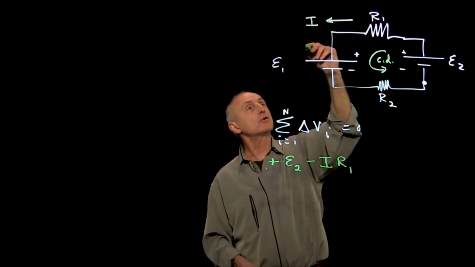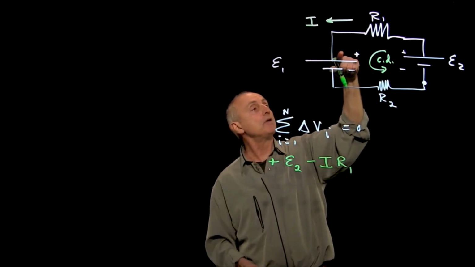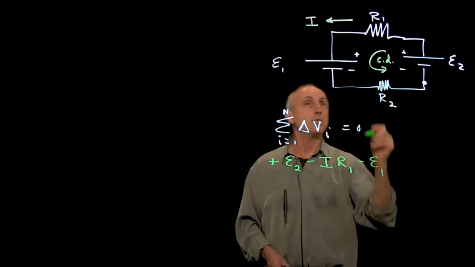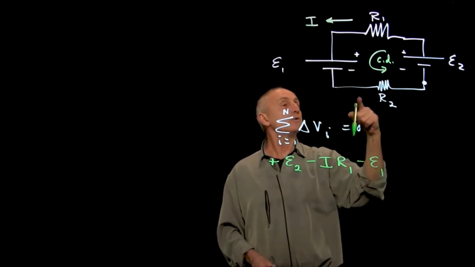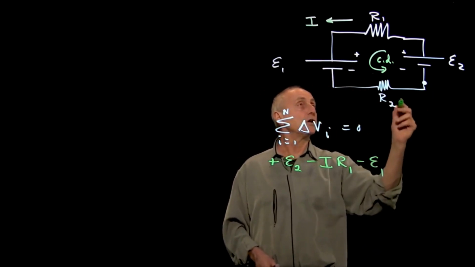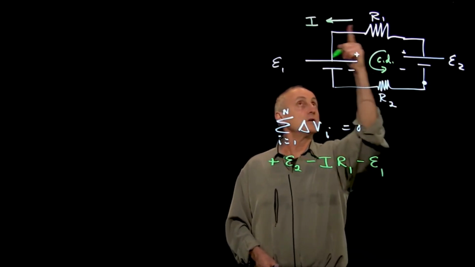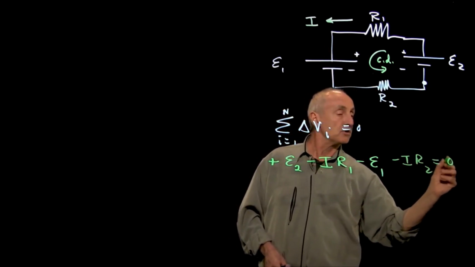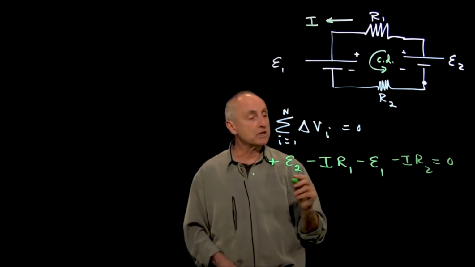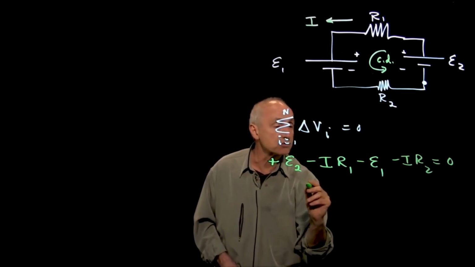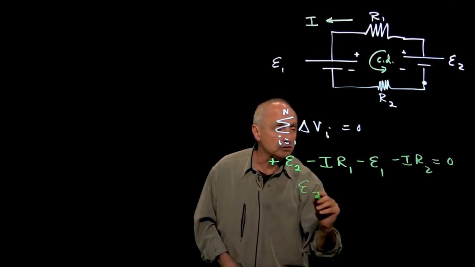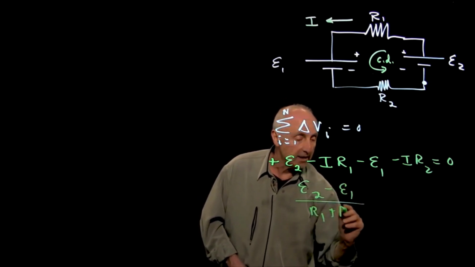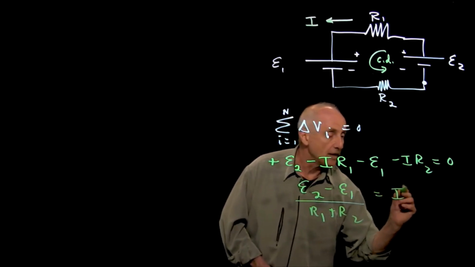Now we're circulating across this battery from the positive to the negative terminal, so that's minus E1. And now we're circulating across this resistor in the direction of the current, minus IR2, and the sum is 0. And so what we can do is solve for the current in this circuit. A little quick algebra shows that the current is given by this value.